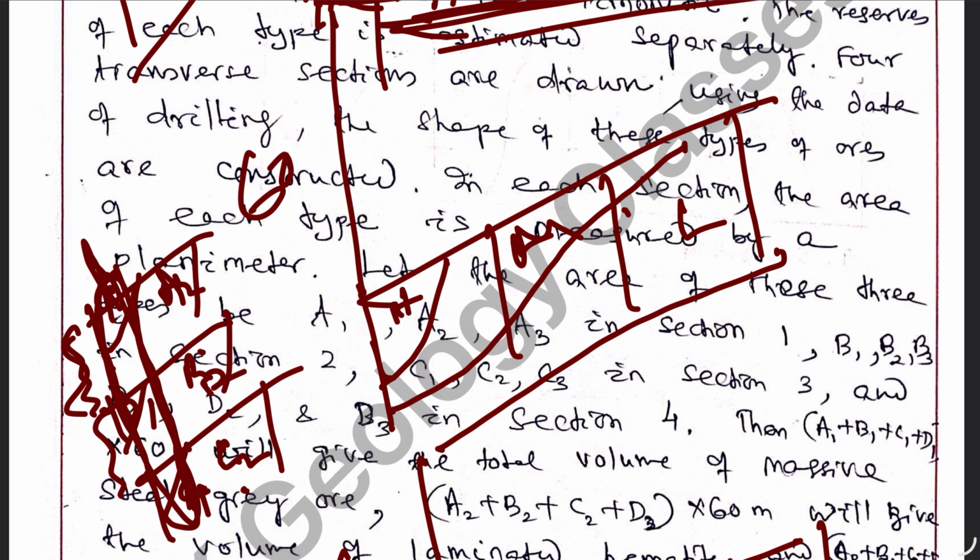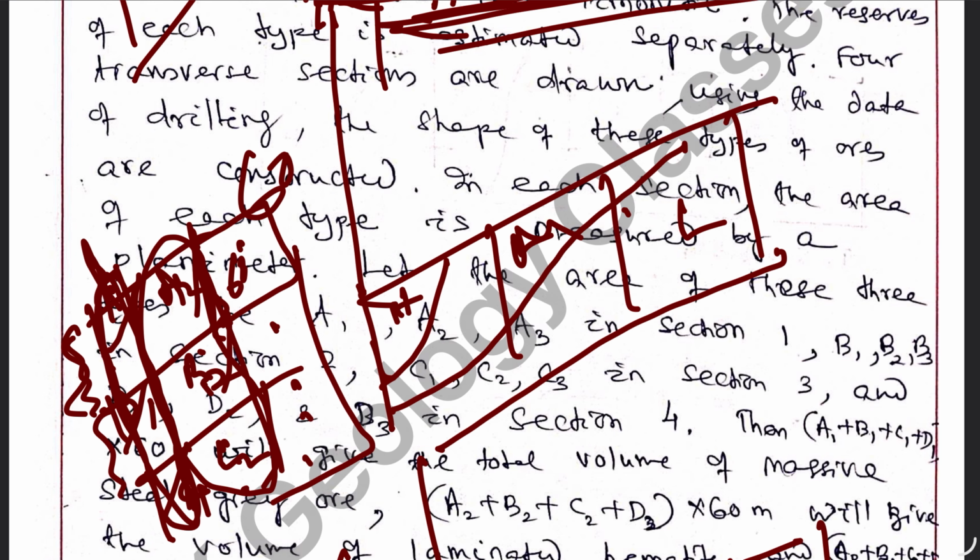So these areas are added up and their spacing of 60 meter is multiplied. So this gives the volume of medium grade. Similarly, the area of low grade is found out, they are added up, and finally the volume of the low grade is found out. In this manner, by using transverse sections, we can find out the reserve. So that has been discussed here.